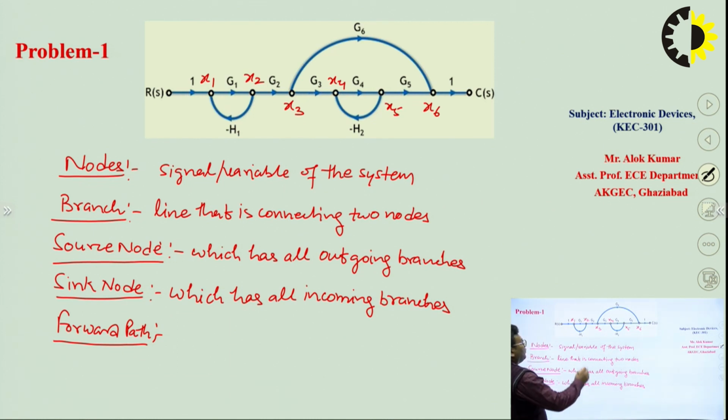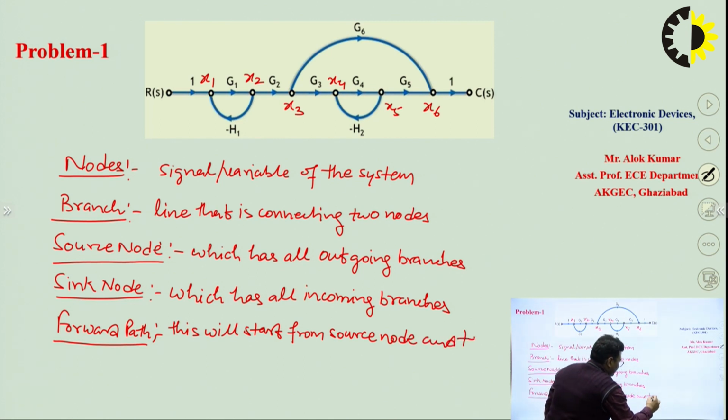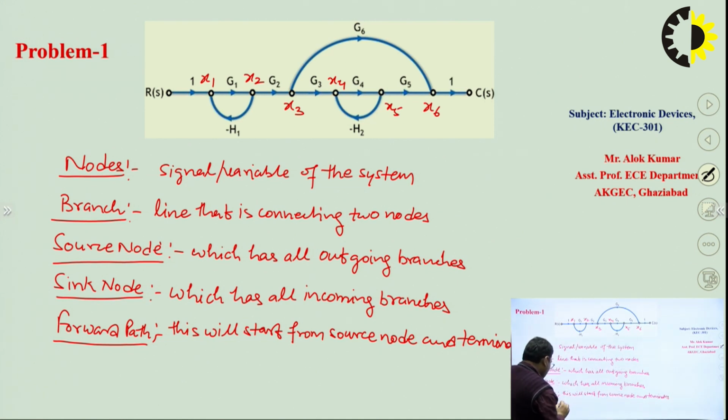A forward path starts from the source node and terminates at the sink node.